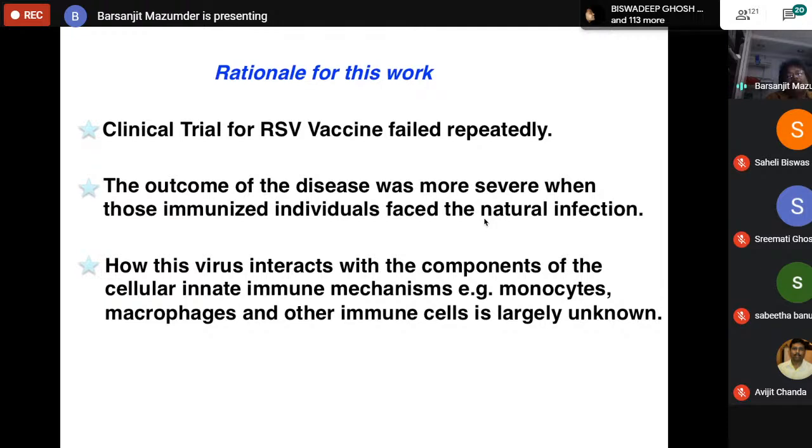So the rationale for this work is that clinical trials of RSV vaccine failed repeatedly, and this is important: the outcome of the disease was more severe when those immunized individuals faced the natural infection.